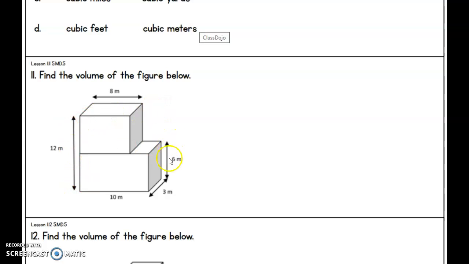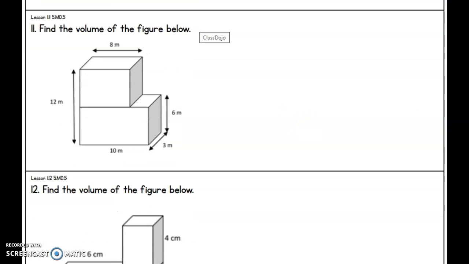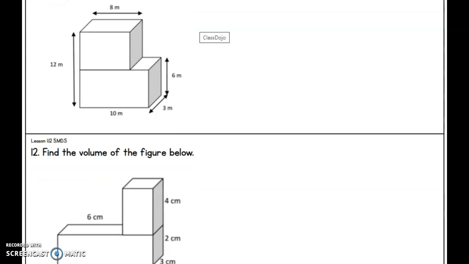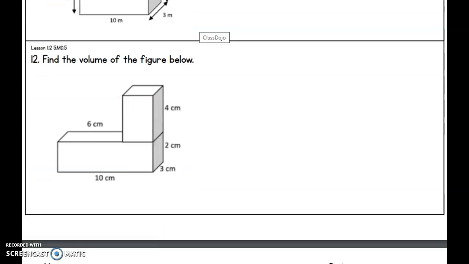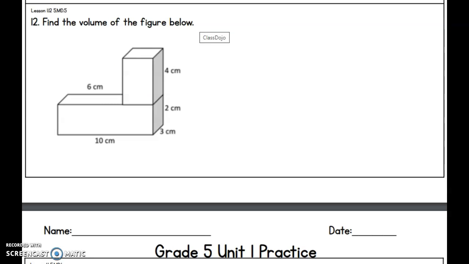So if this is 6 meters, what is left from the 12 meters? Find the height over here. So you want to find the volume of each separate rectangular prism and add them together. Make sure you have appropriate units. Number 12 reviews the same thing.